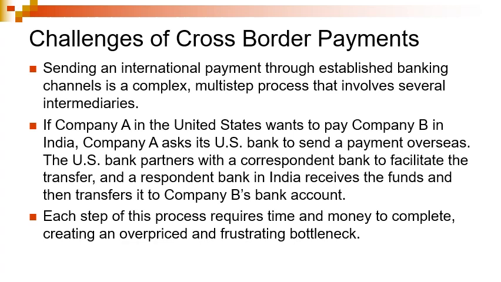The US bank will contact the correspondent bank in India, and that correspondent bank in India will receive the funds, and then that bank in India will transfer the funds to company B in India.